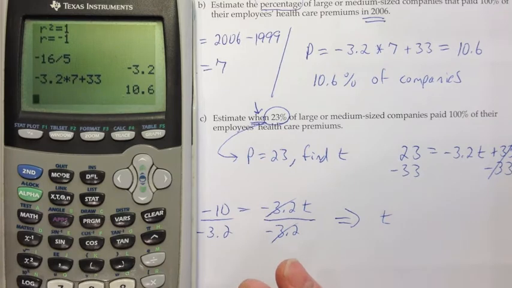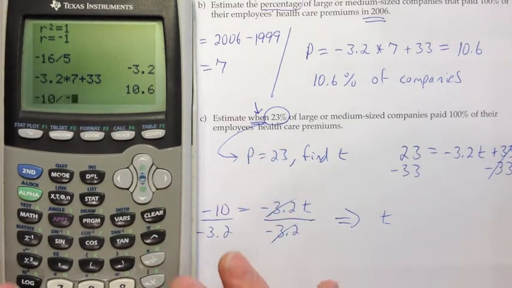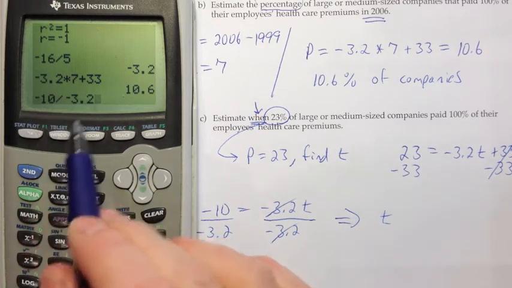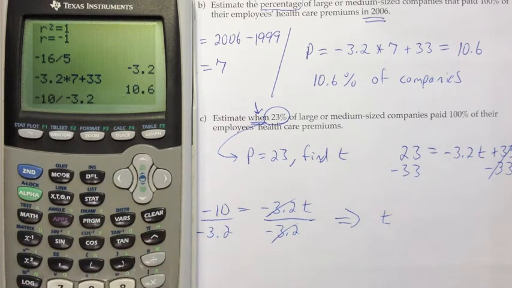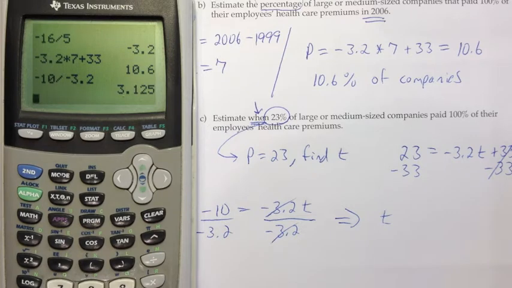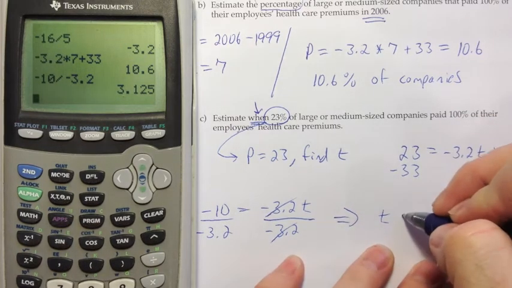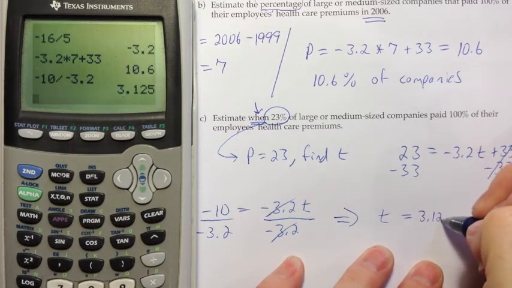So t would be negative 10 over negative 3.2. You could leave the negatives off if you want, because the negative on the top and the bottom would cancel anyways, but enter them in either way. And I get 3.125. So t is equal to 3.125.